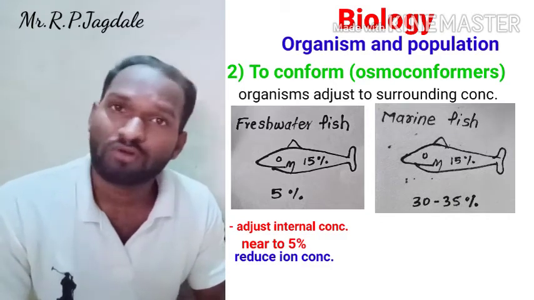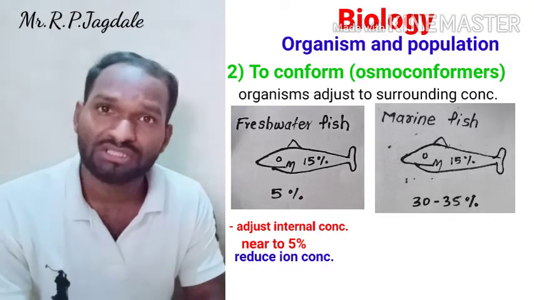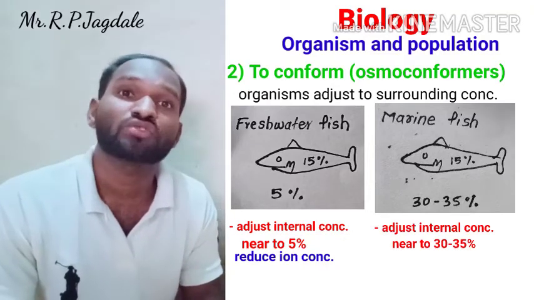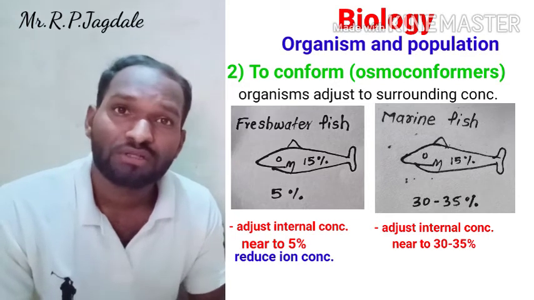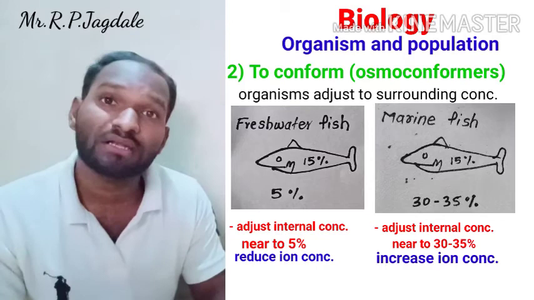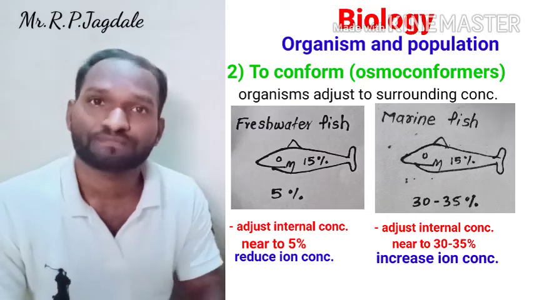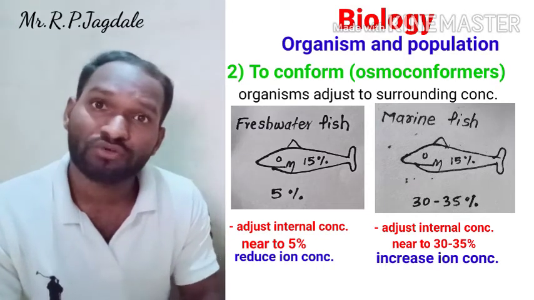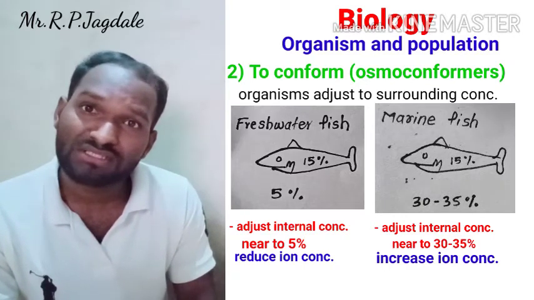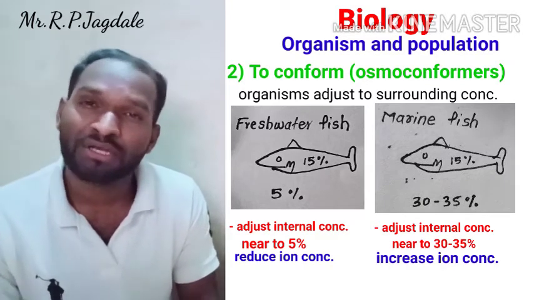In the case of marine water also, the internal concentration is 15% and the external is 30 to 35%. So they increase the internal concentration nearer to 30 to 35%, so that they are able to survive in that condition. So conformers are different and regulators are different.